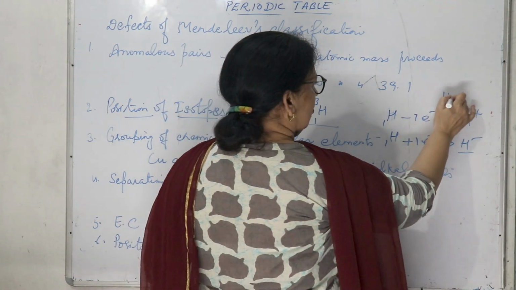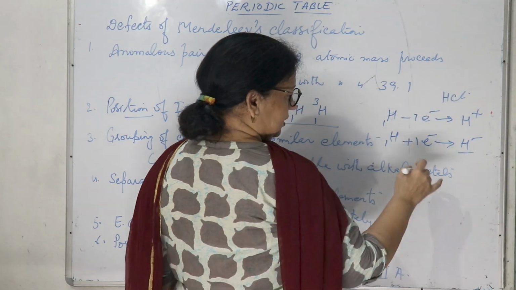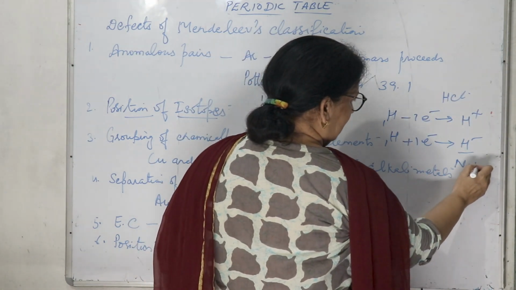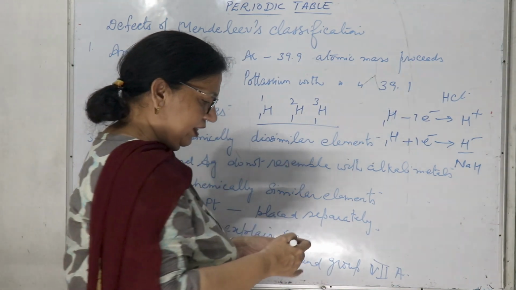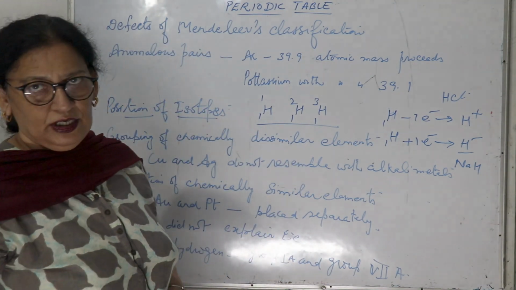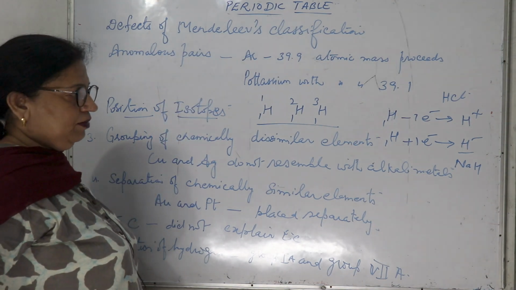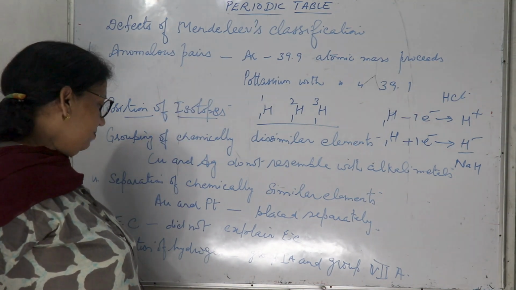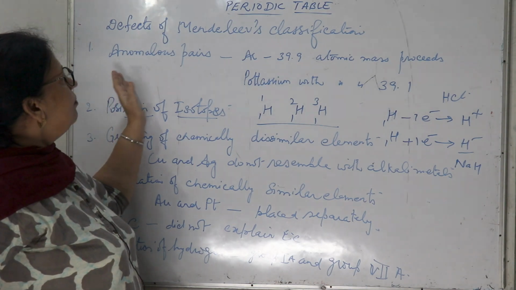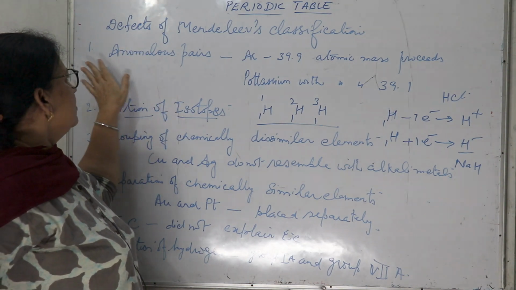So it can form HCl or it can form NaH. That is why the position of hydrogen is not explained properly in Mendeleev's periodic table. Still it is not settled even in the modern periodic table. So these are all about the defects of Mendeleev's classification.